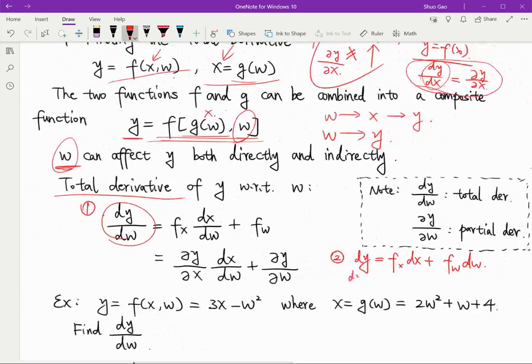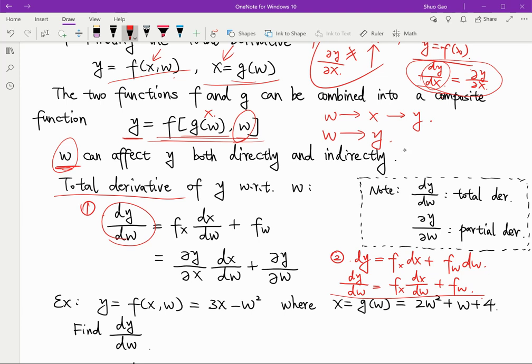So this becomes dy over dw equals fx dx over dw, right? Plus just fw, because we cancel the dw, right? We divide dw on both sides. So this is one easy way for us to find out the total derivative, right?